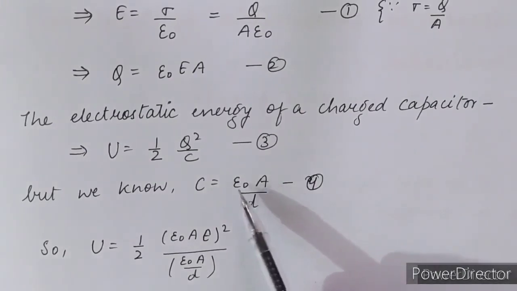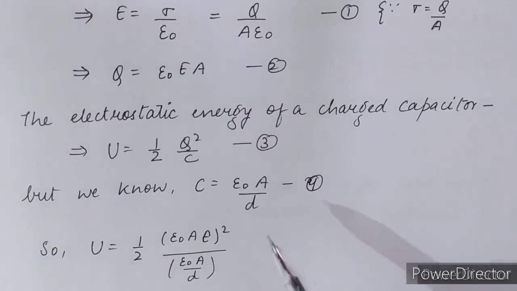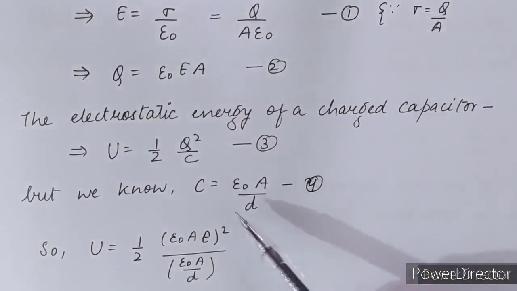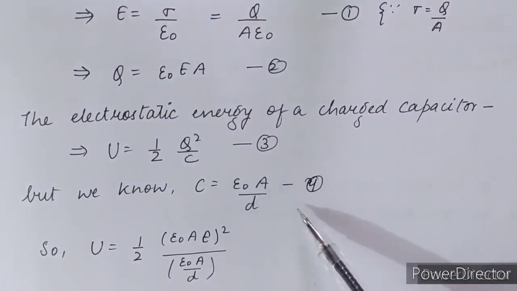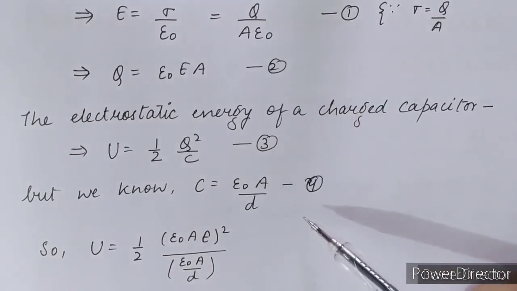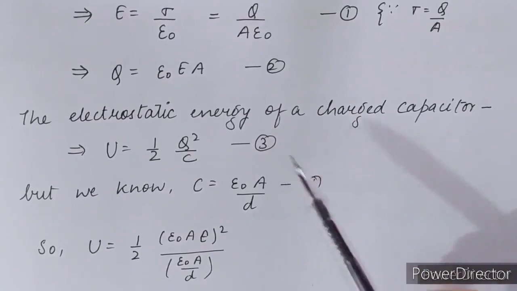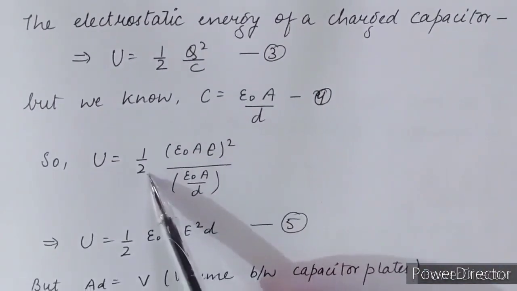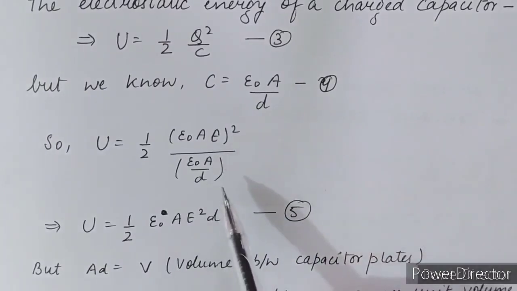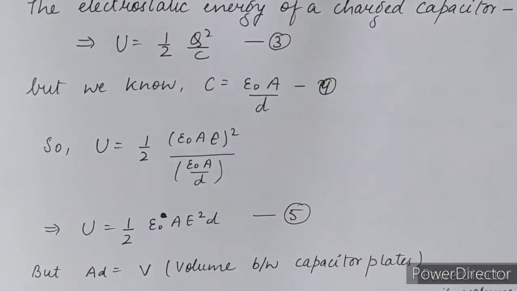That formula is epsilon naught A upon D. So we have the value of Q from equation number 2 and the value of capacitance from equation number 4. Put Q from equation 2 and C from equation 4 in equation number 3. So half Q square means epsilon naught A E square upon C, which is epsilon naught A upon D.